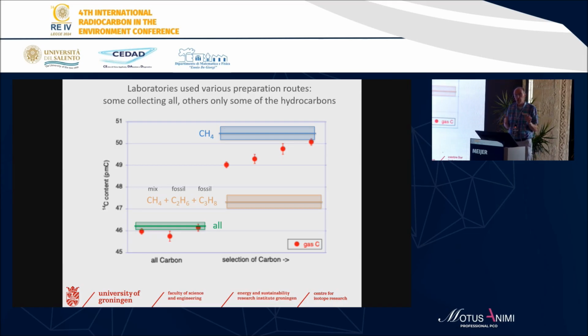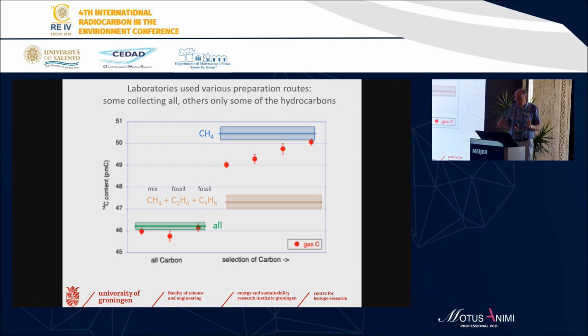And again, some do it on purpose, others do it accidentally. And only the rightmost point here is the one where the methane really got isolated exclusively and on purpose. And you see that value, well, is in reasonable accordance with what we expect for the pure methane.